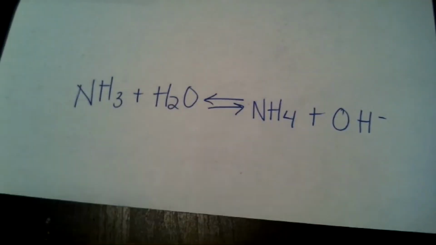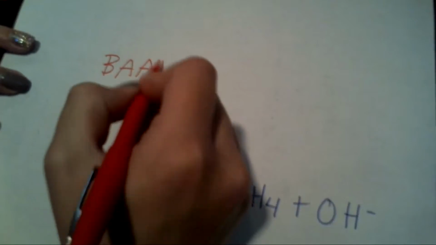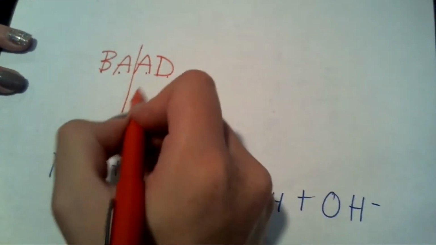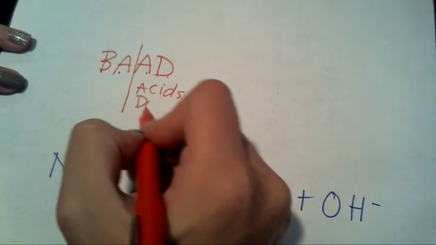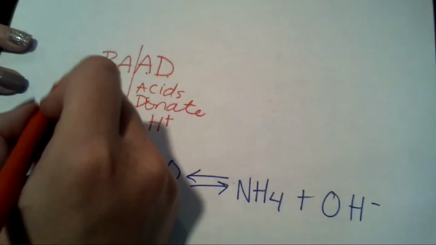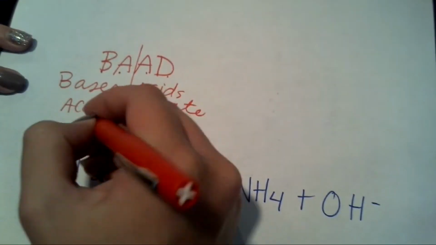This is how you do these. These are the Bronsted-Lowry acids and bases. Remember, bases accept, acids donate. They're going to donate a proton, which is also called H plus. Your bases are going to accept that H plus.